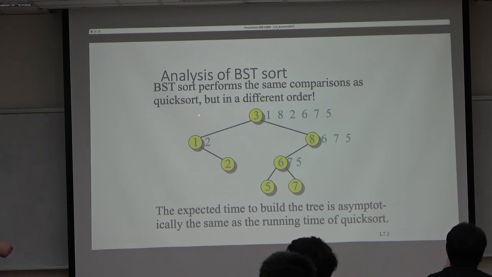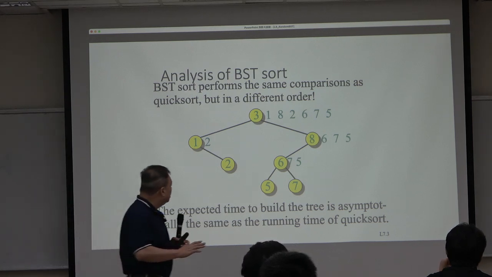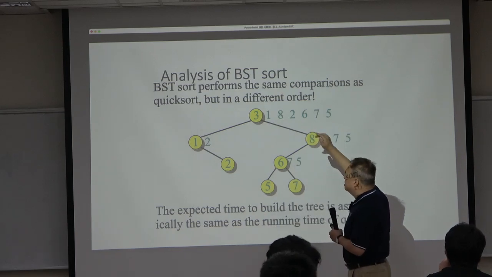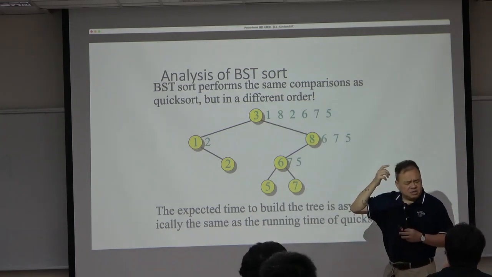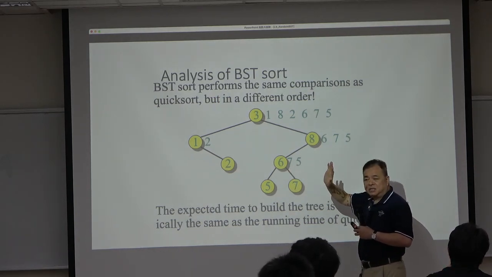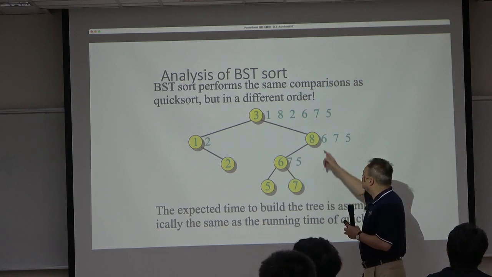Basically, okay, let's think about this thing. This is the example I just told you, 3, 1, 8, 2, 6, 7, 5, and it results in this binary search tree. Let's forget about the statement at the top. Think about this. After we insert 3, 3 is the first element.